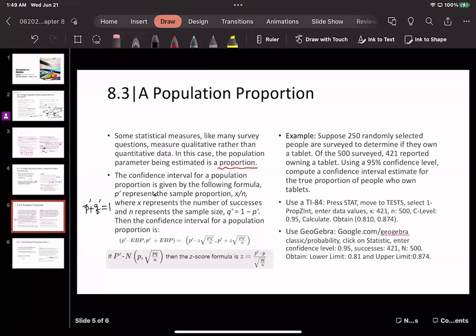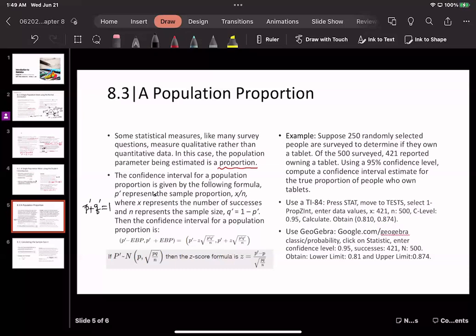And same thing for the upper limit: p-hat plus the z-score critical value multiplied by the square root of p-hat times q-hat divided by n.